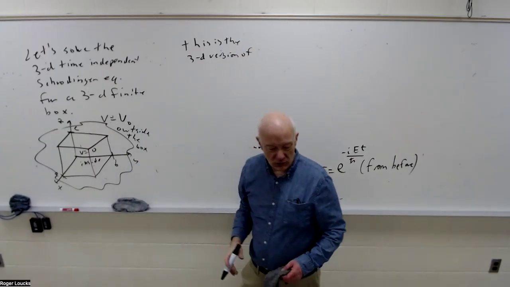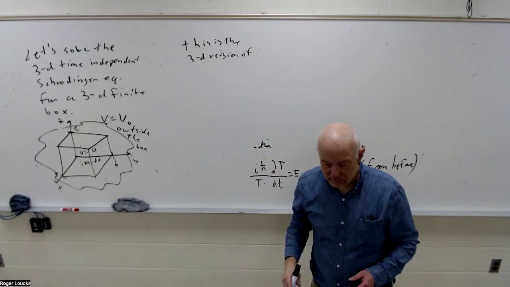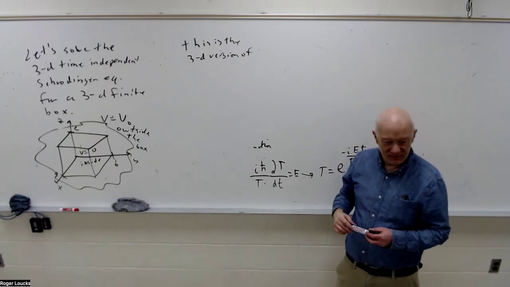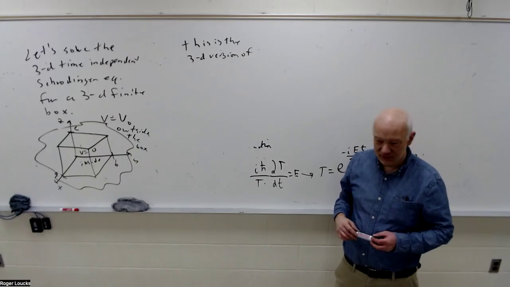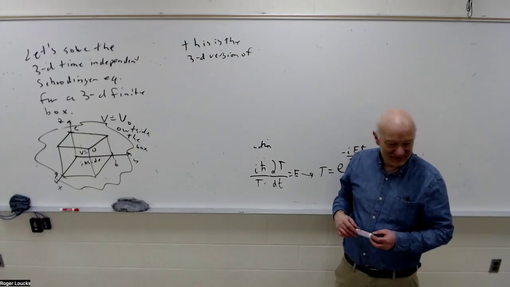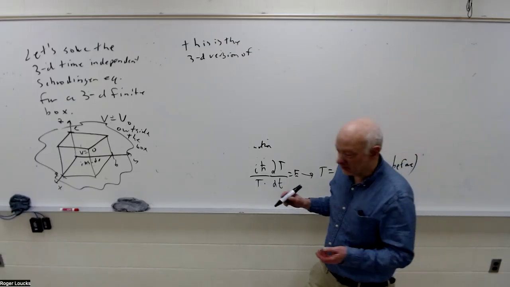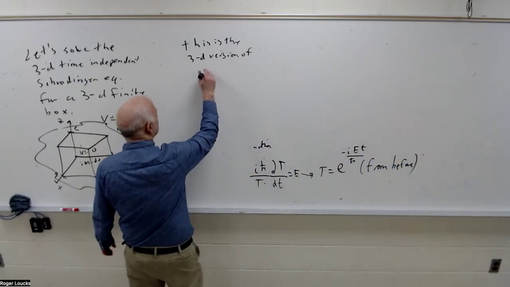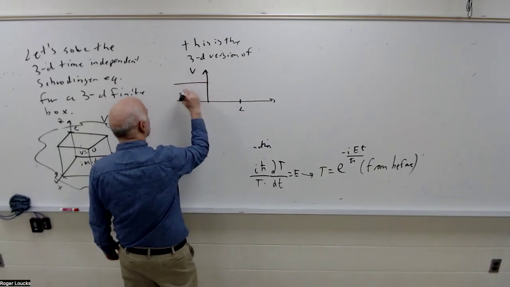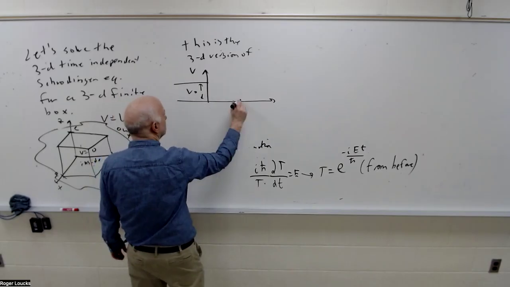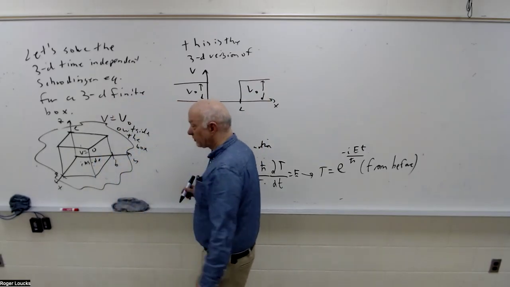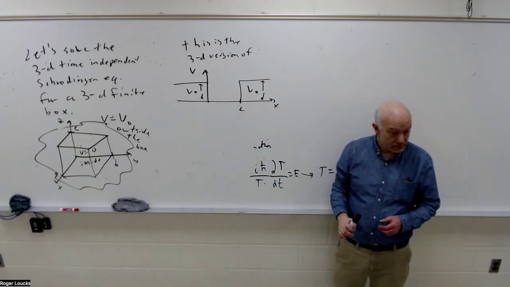What's the 3D version of the 1D box? It's going to be the 3D version of this. We had a V here like this. We call this L, so that this is V naught here and this is V naught here. This is x. It's just a 3-dimensional version of that.